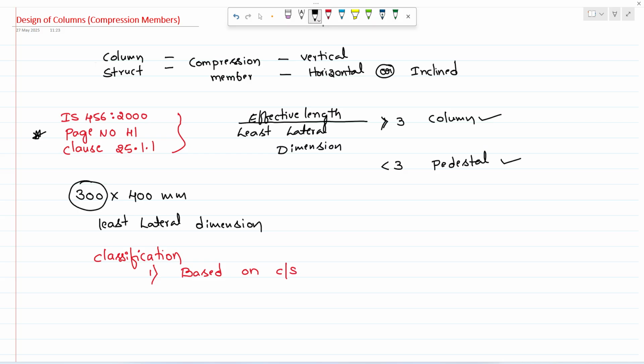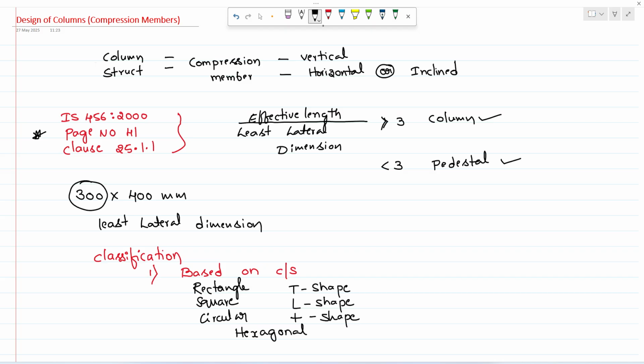Based on cross section, the columns may be rectangle, square, circular, or it may be T-shaped column, L shape, or sometimes plus shape, and hexagonal.